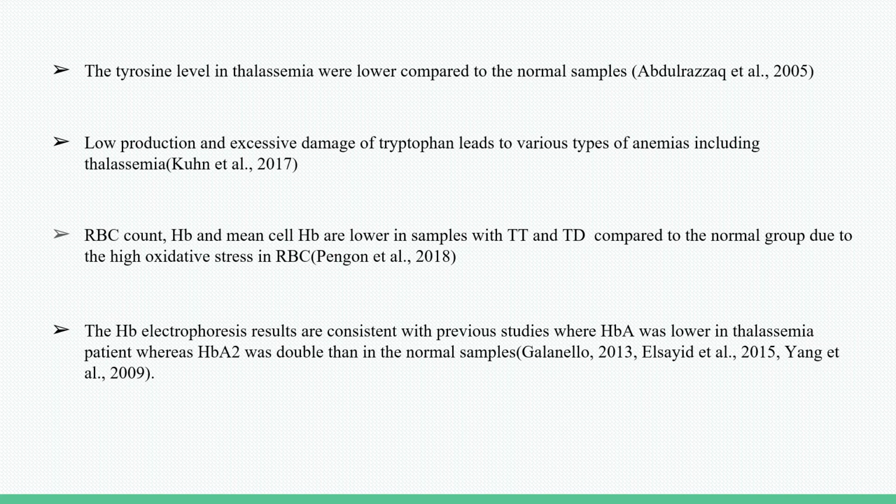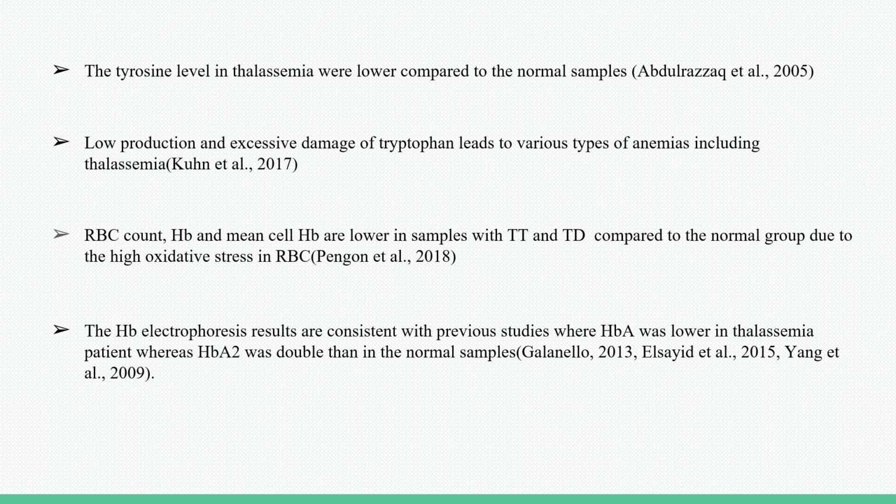Similarly, the low levels of tryptophan in TT and TD samples is also backed by other studies, which show that the low production and excessive damage of tryptophan leads to various types of anemias, including thalassemia.